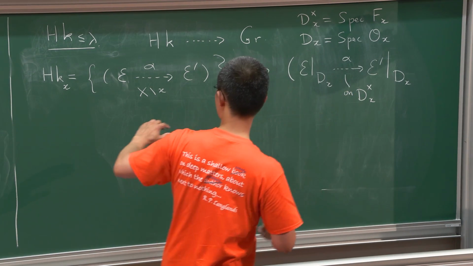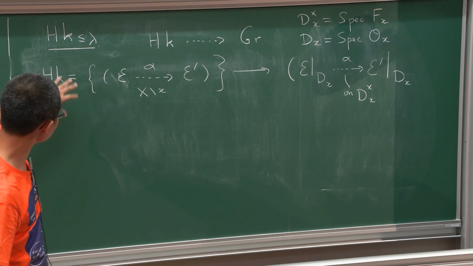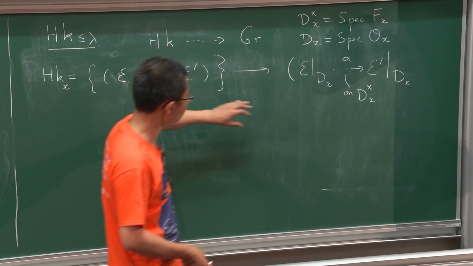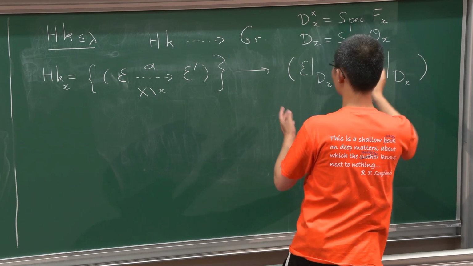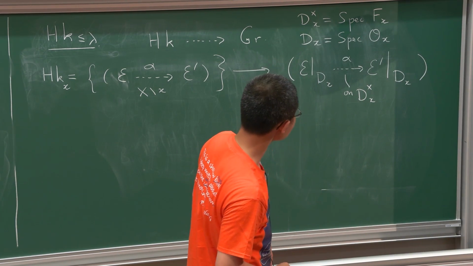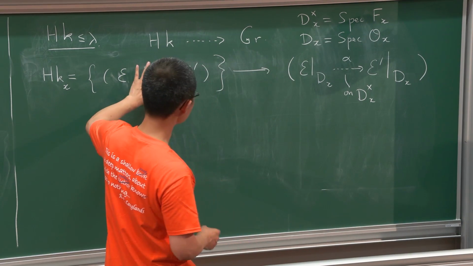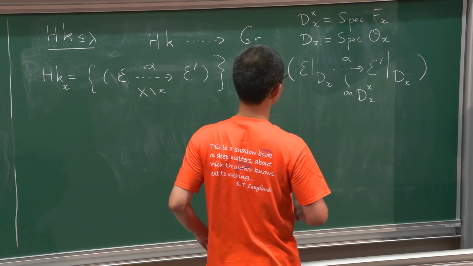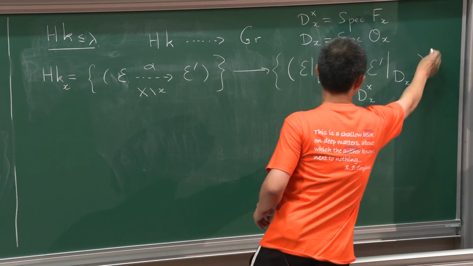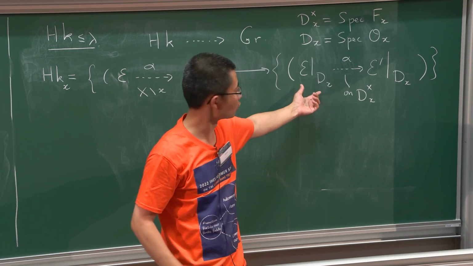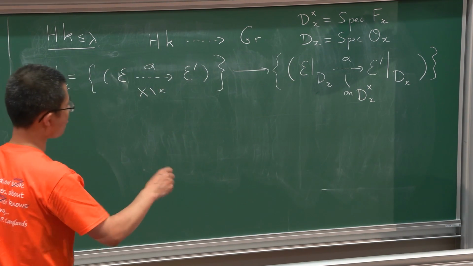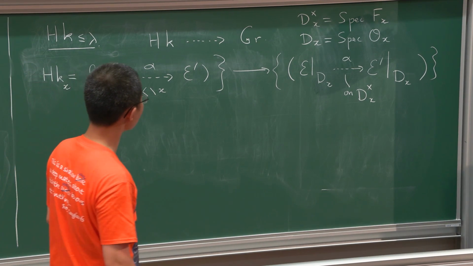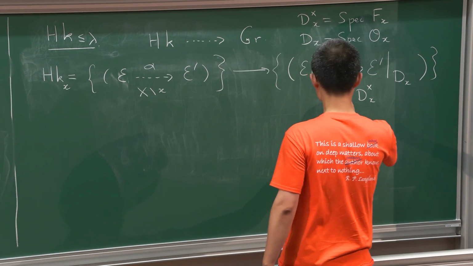Again, this is a little bit sloppy because I didn't input a test scheme here. I'm pretending I'm just describing K points. So from the global data, we restrict to the formal disk. We get two G bundles on the disk together with an isomorphism away from the center of the disk.